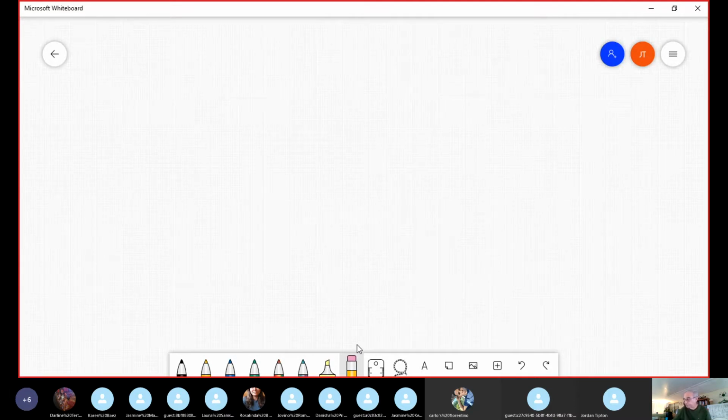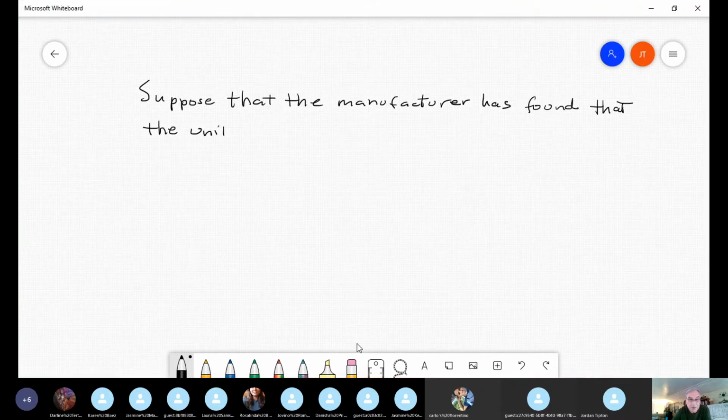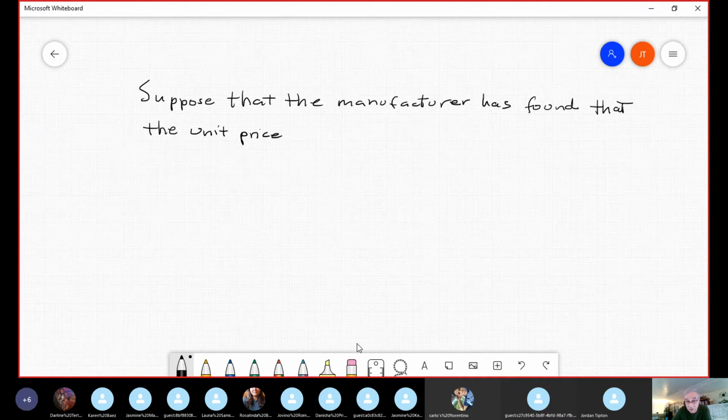Suppose the problem says, suppose that the manufacturer of something, I don't care, it's a dryer, something, has found that the unit price that the manufacturer produces, and the thing they produce is called a unit.